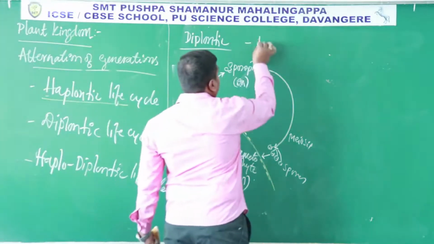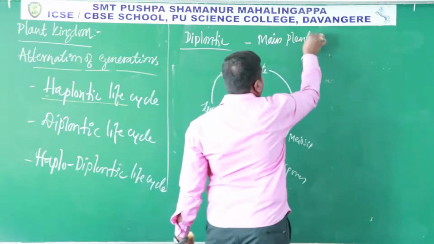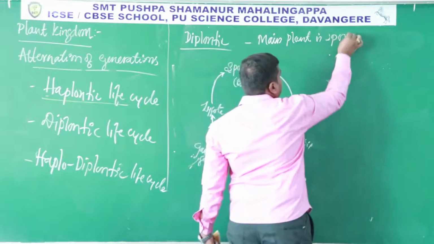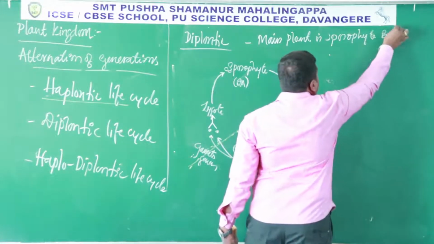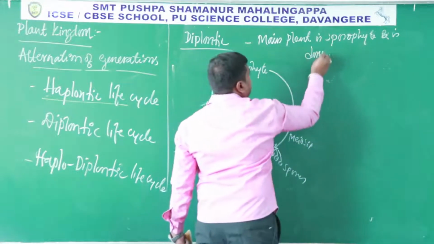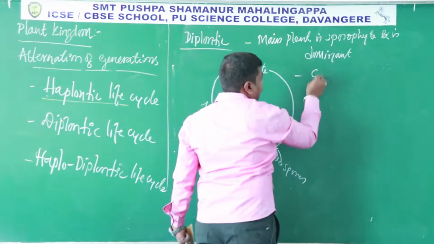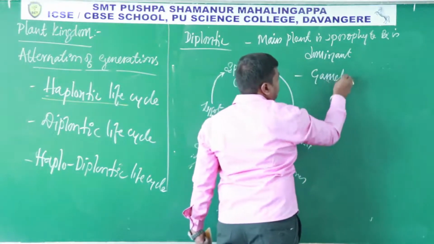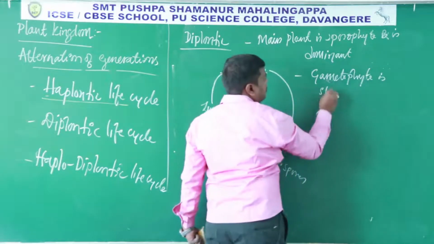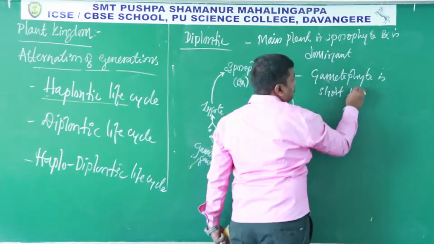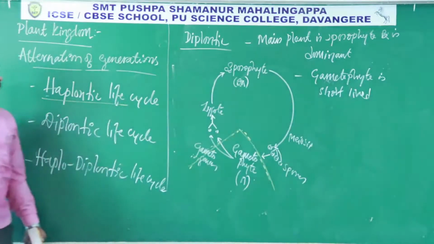In diplontic, main plant is sporophyte and is dominant, and gametophyte is short-lived. Gametophyte is short-lived. Okay.